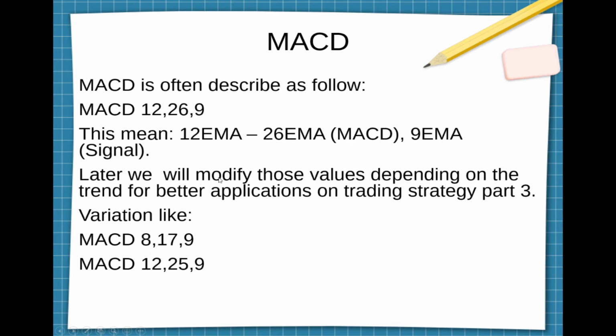Later we will modify this value depending on the trend for better application in trading strategy. That will be in part 3, when we're gonna study different strategies in more detail. You have some other MACDs that most people probably don't know, the 9 17 9, 12 25 9.